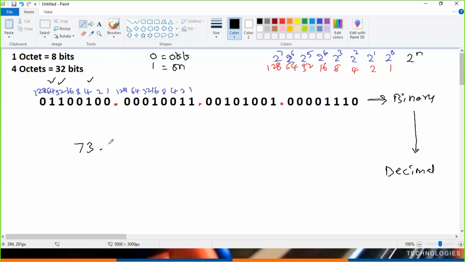Dot, second octet value. In the second octet, which bits are on bits? 16 is on, 2 is on, and 1 is on. 16 plus 2 plus 1, 19. So 19 dot. Similarly, you try to calculate quickly for the third octet and fourth octet. Tell me the values. Do it fast.